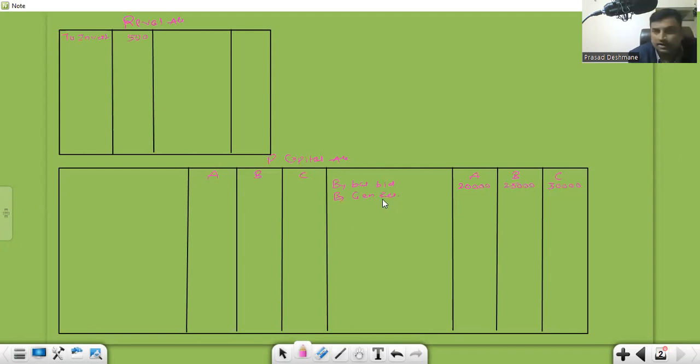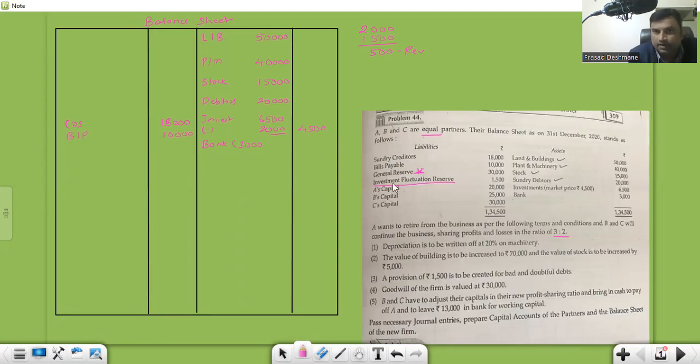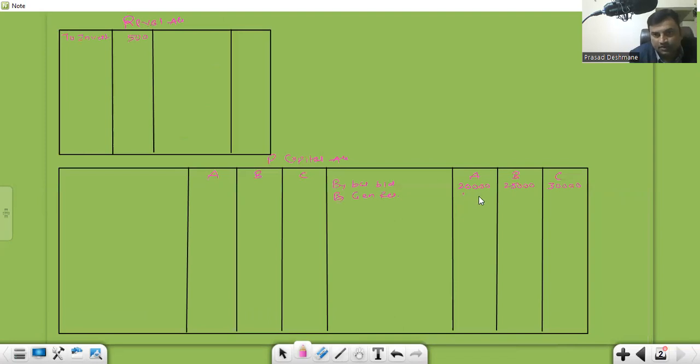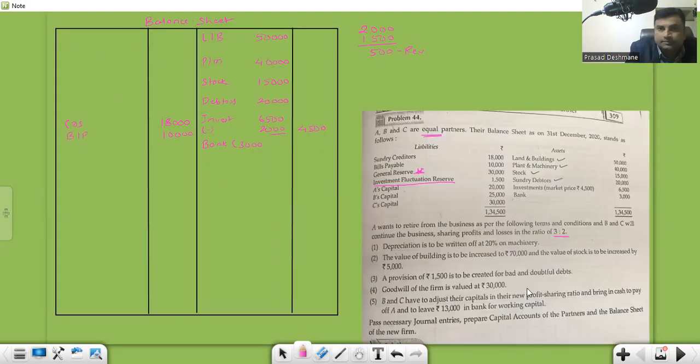General reserve is given as 30,000, and see what is the ratio. What I said, equal, right? All ratio is equal. So I split in an equal proportion. 30,000, if I split equally, I'll get 10,000 each. Correct? Now balance sheet is also completed, means liability side is also completed.